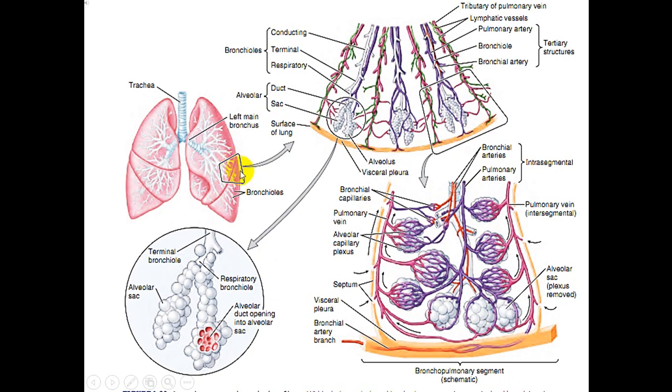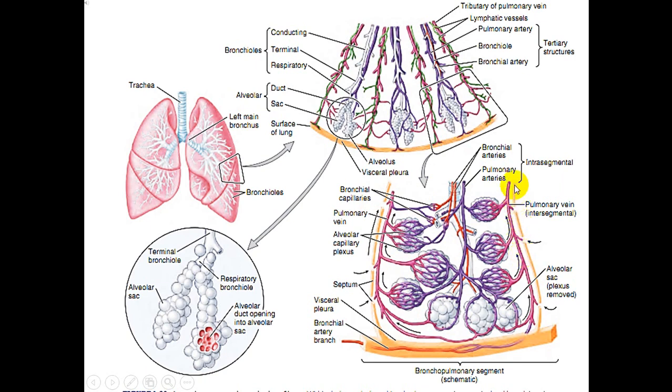An important thing to remember is the relation of the different vessels within and on the boundaries of the bronchopulmonary segment. The first important thing to observe is that the bronchial arteries and the pulmonary arteries are associated close to the tertiary bronchus, and they are going to be distributed within the bronchopulmonary segment, while the pulmonary veins are intersegmental, that is, they are lying in the connective tissue septa, which are separating two bronchopulmonary segments.